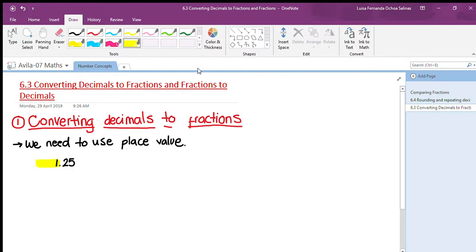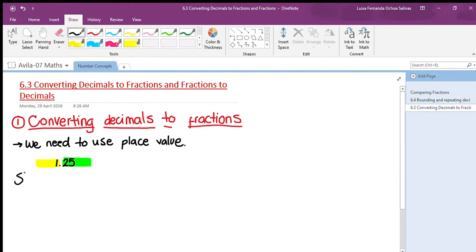And the ones that we have after the decimal point are part of a number, right? Are not whole numbers. So it's important to recognize this, and we're going to see in a little bit why.